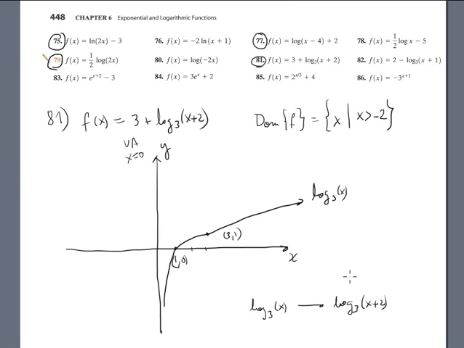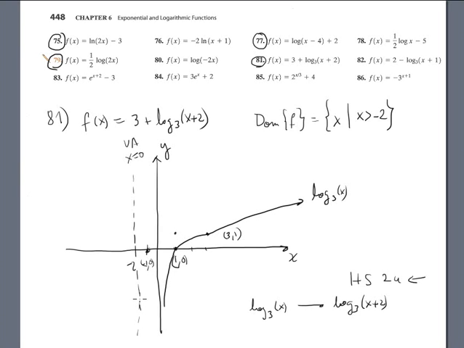So it is obviously a horizontal shift of 2 units left. Okay, so now the vertical asymptote changes to negative 2. Here, negative 2, this is my new asymptote, and this point moves 2 units, so it's now (-1, 0), and this point is 3 minus 2, which is (1,1).